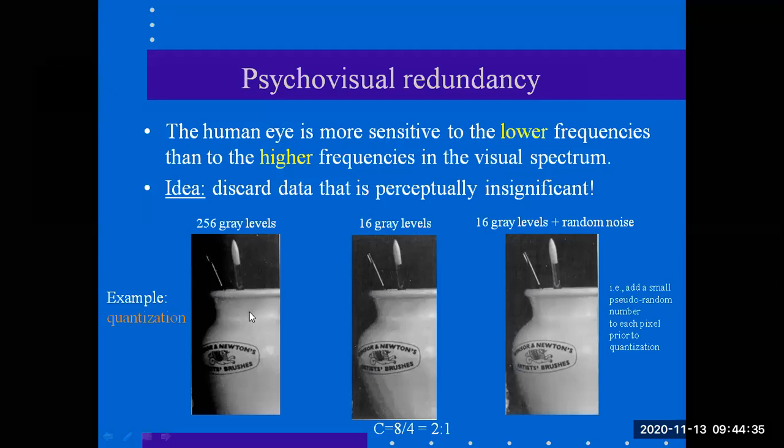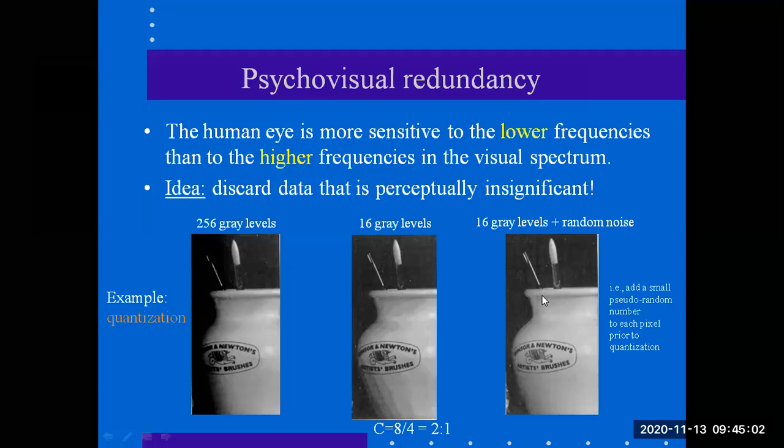If you observe here, I'm changing the grayscale levels from 256 to 16, and 16 grayscale levels plus random noise. In the first case, quantization with 256 grayscale levels, the image is different. In 16 grayscale levels, the image is different. And the second one is the original image along with random noise.